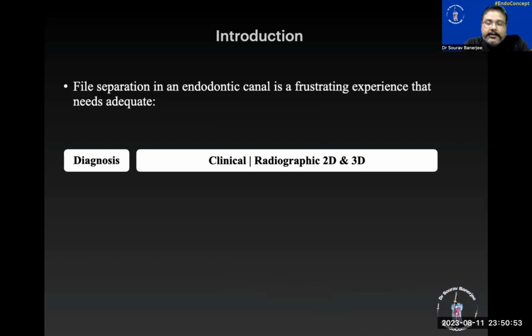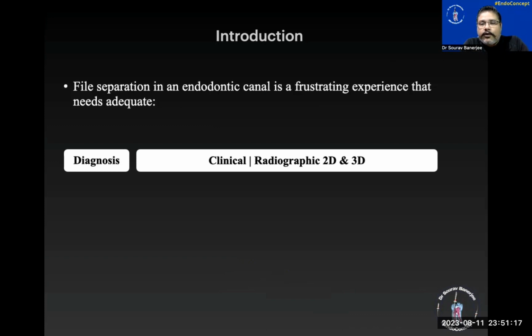Now, if we are going to retrieve the file, is the tooth structurally strong enough to withstand that procedure, or what will be the prognosis of the case? What will be the difficulty of the procedure when you are going for retrieval or bypassing or whatever? So all this clinical evaluation has to be done.